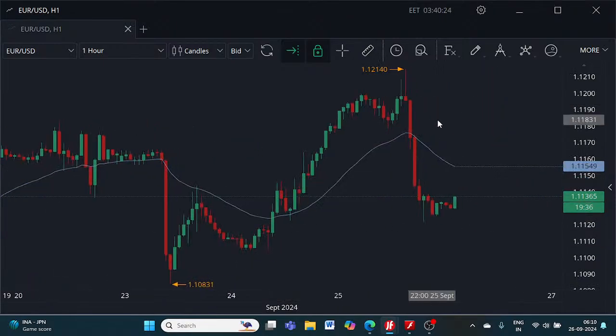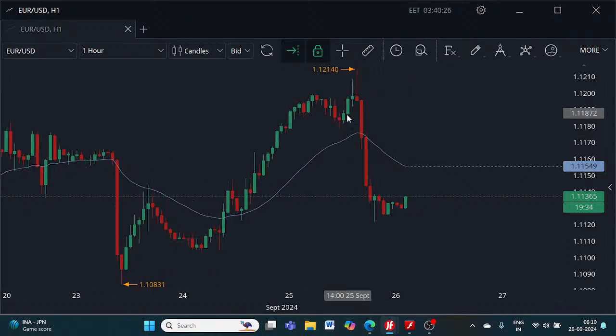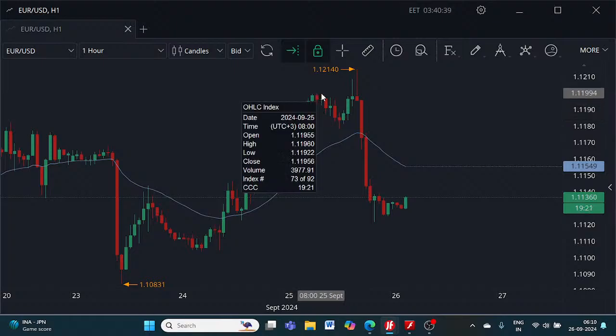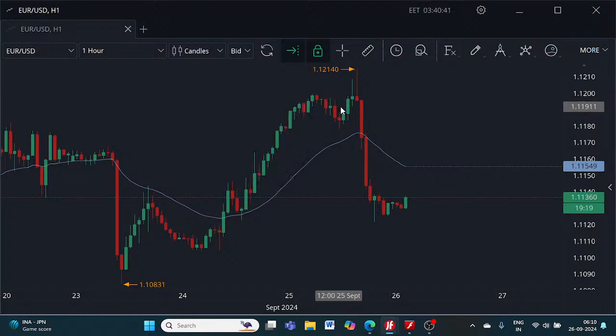Now here, if you take into account the last session's price data, you will see that the price of the Euro USD was moving upward slowly and steadily, and after a while it reached this phase close to 1.12, where it stabilized sort of.